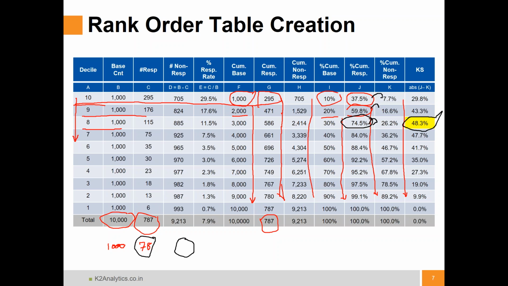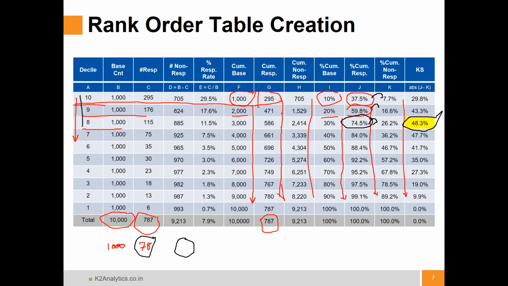What it means from a marketing point of view is, if I just target the top 3 deciles, which means I'm going to target only 30% of the total base, which I can actually go and market, by targeting only the top 3 deciles, I'll get 72-73% of my potential responders.